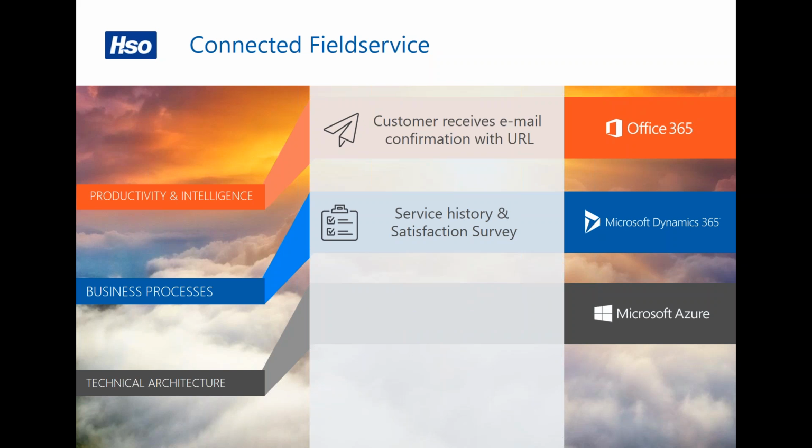When the customer clicks on the URL, he will go to the customer portal based on Dynamics 365, and in that customer portal he will have an overview of the service history, so what is actually done to solve his issue, including a satisfaction survey to get information back from the customer, which is stored in Dynamics 365, and to give you information on what the customer's thoughts are about the action executed by the engineer.